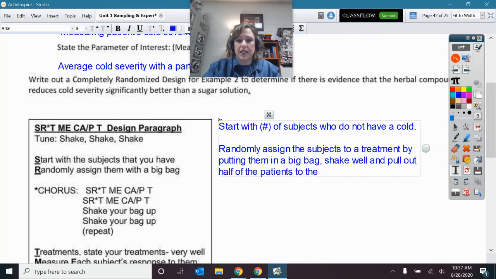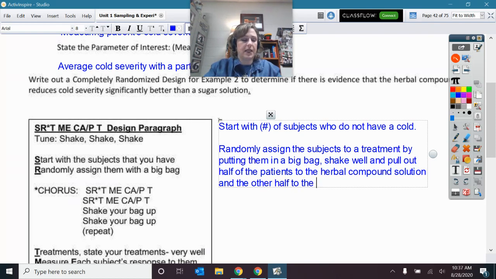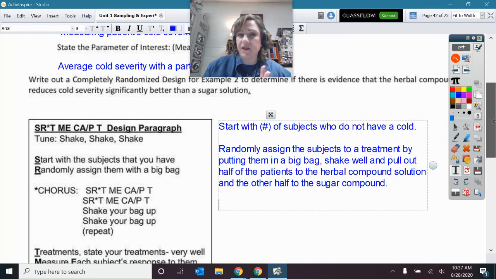Okay, to the herbal compound solution, and the other half to the sugar compound. The placebo is really what it was. The fake. Okay, probably make it look and taste the same. All right. So we did our treatments. State your treatments very well.